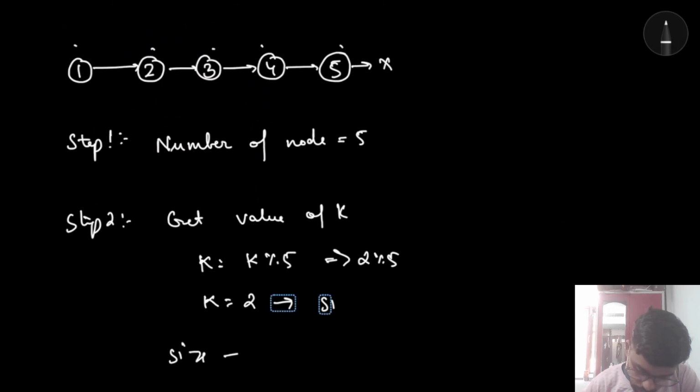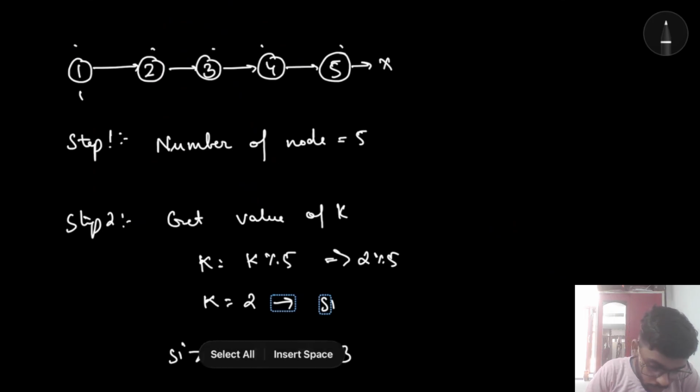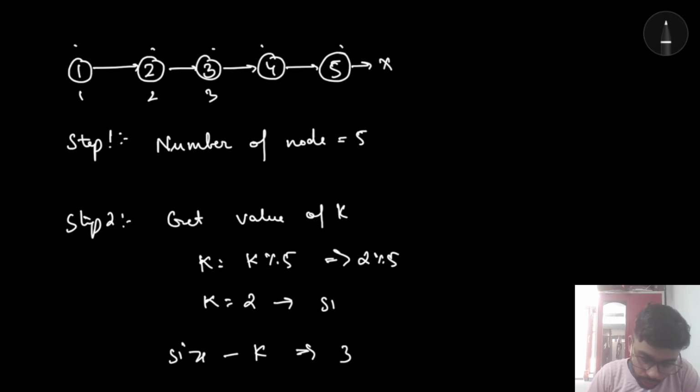Size minus k, that will be equal to 3. So I will travel 3 nodes, 1, 2, 3, and I will get the temporary node.